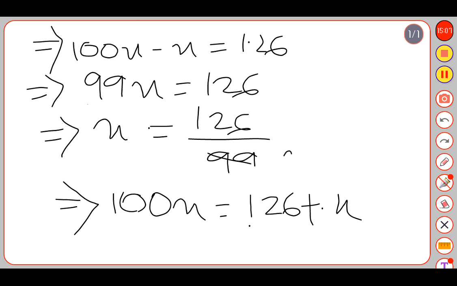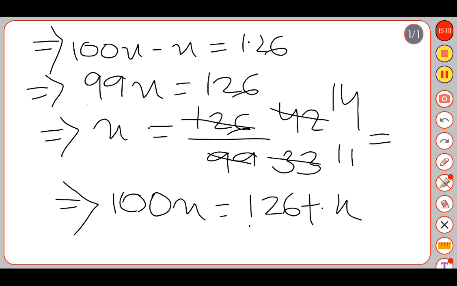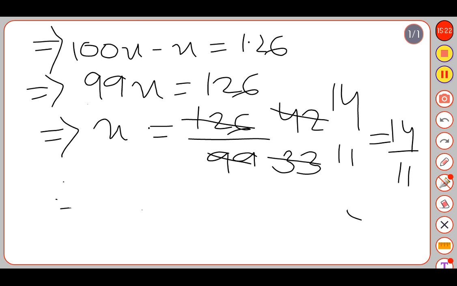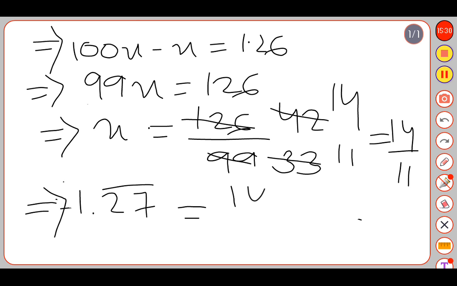So here 3 3s are 9, 3 3s are 9, 3 4s are 12, 3 2s are 6. Again 3 11s are, 3 1s are, 3 4s are. So it will become 14 by 11. Or we can write 1.27 bar equals 14 by 11.